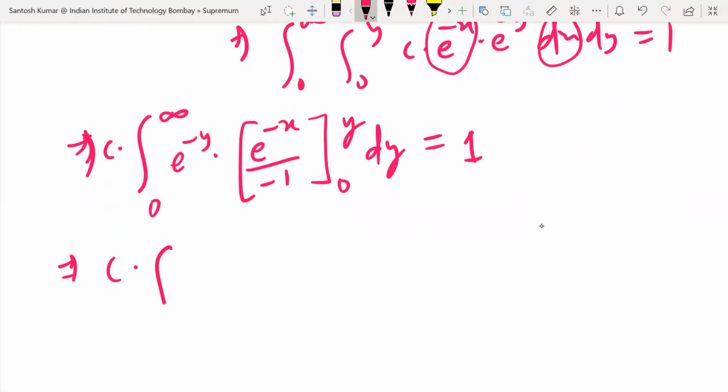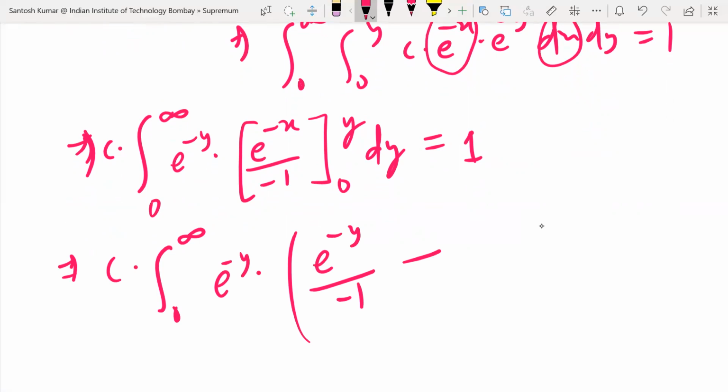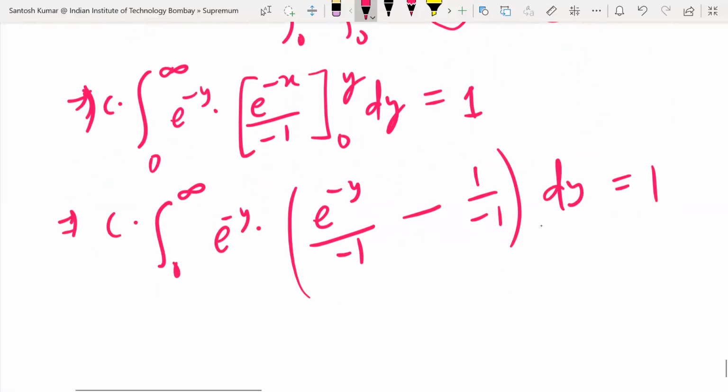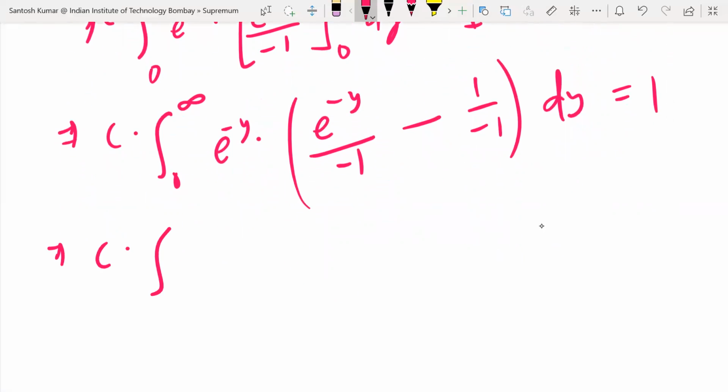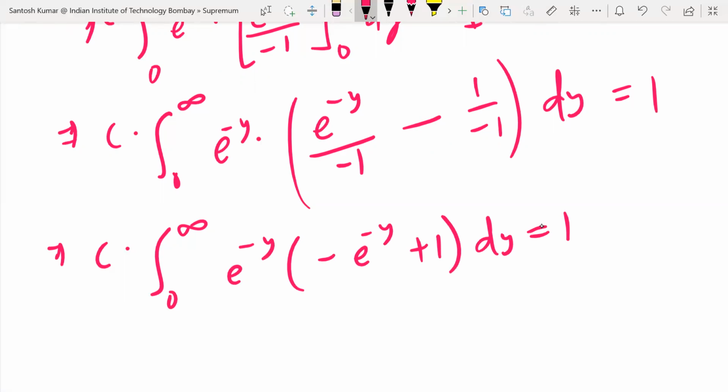So c times the integral from 0 to infinity of e^(-y), putting in the limits, first y, minus, so 1 upon minus 1, dy equals 1. After simplification we get c times the integral from 0 to infinity of (-e^(-2y) + e^(-y)) dy equals 1.